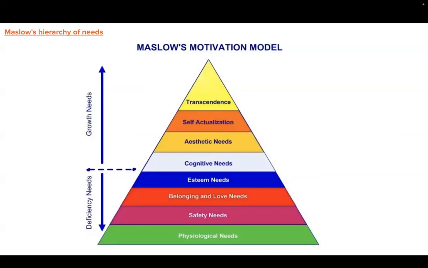So he has divided it into deficiency needs and growth needs. So the growth is growth as a person. And if you compare these, they go roughly the same way as the chakras that I just mentioned.